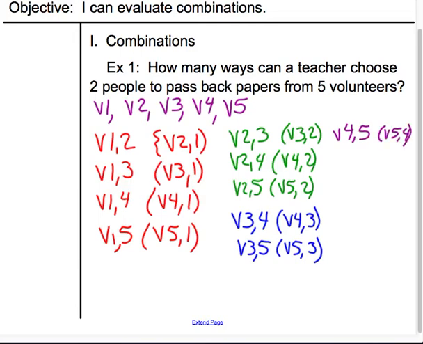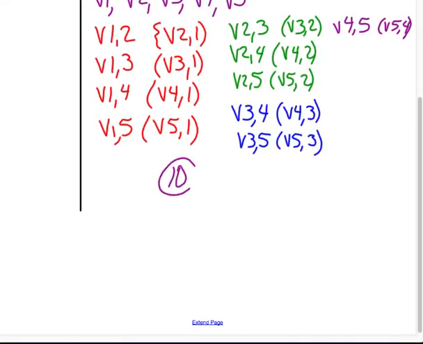So that gives us all of our different possibilities. So if we counted, there would be 4, 7, 10 different ways that we could choose 2 volunteers from a group of 5.